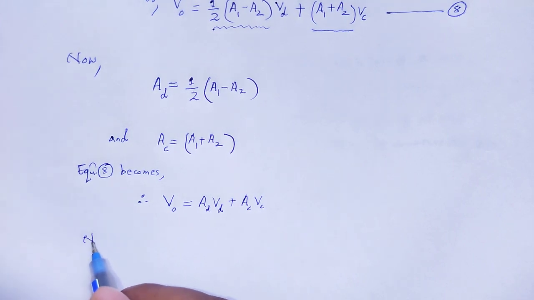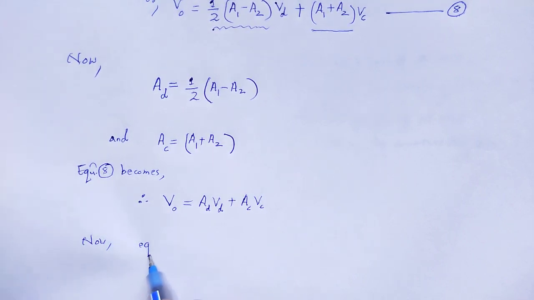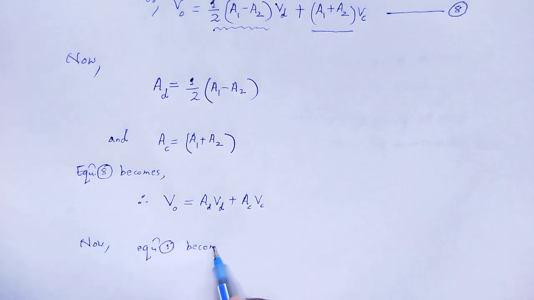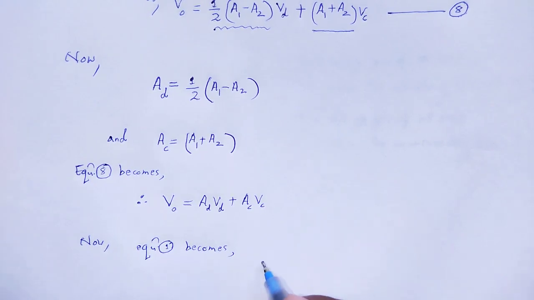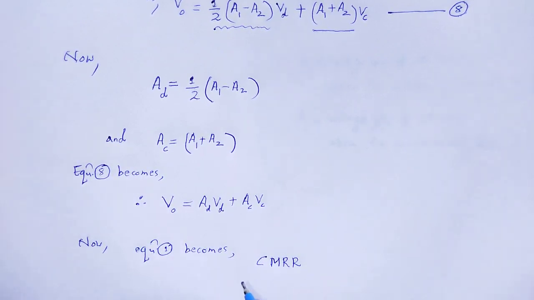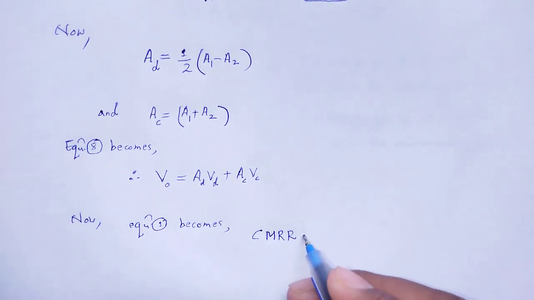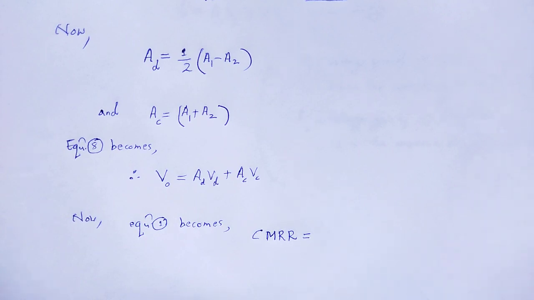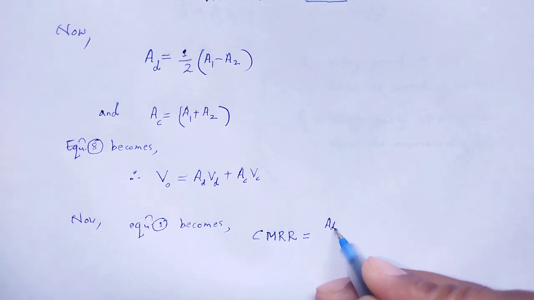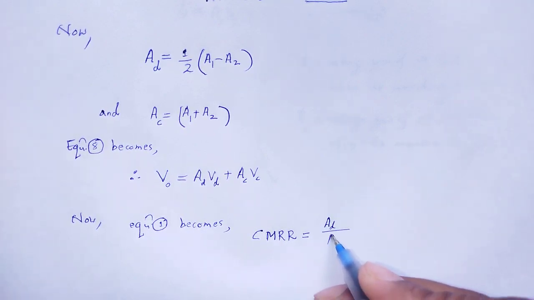Now equation number 1 becomes the definition of CMRR, common mode rejection ratio, that is AD divided by AC.